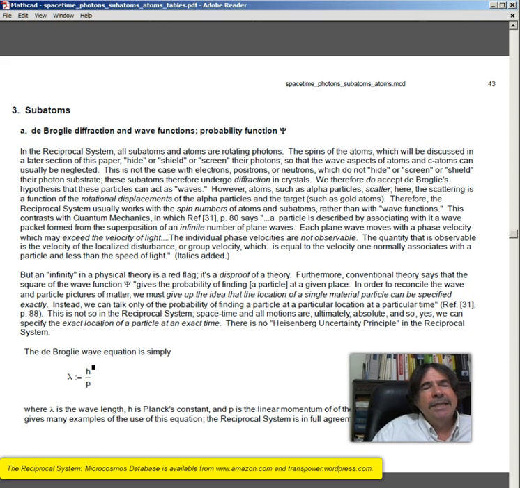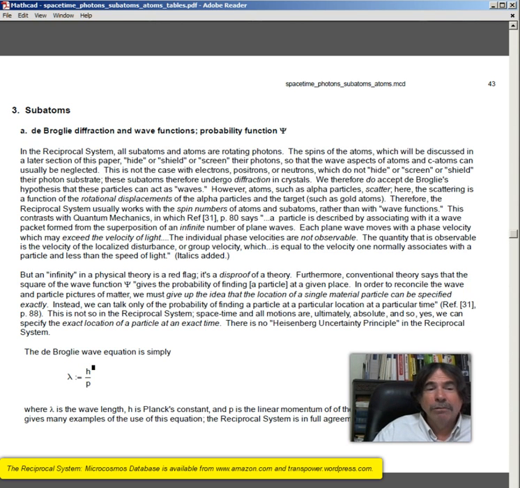Furthermore, conventional theory says that the square of the wave function psi, quote, gives the probability of finding a particle at a given place. In order to reconcile the wave and particle pictures of matter, we must give up the idea that the location of a single material particle can be specified exactly.